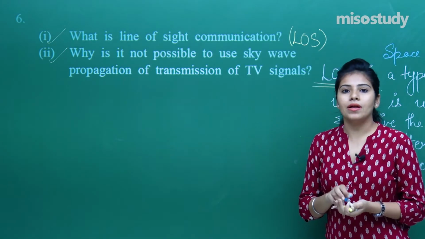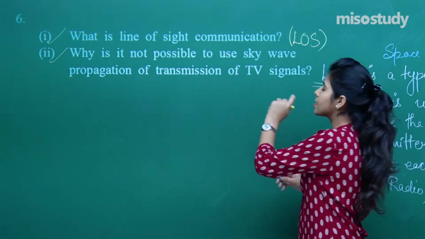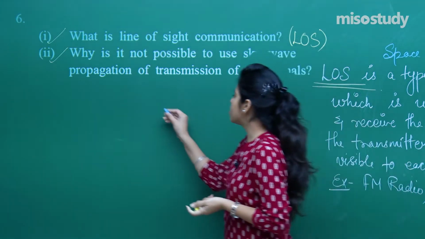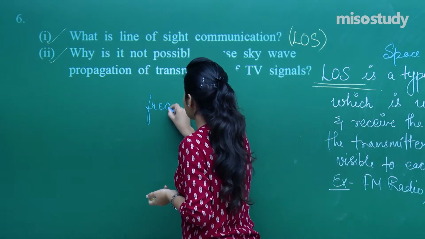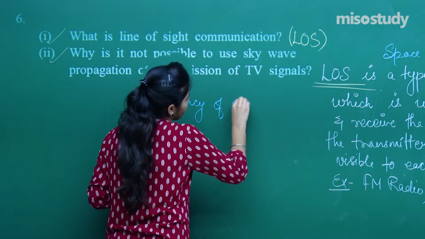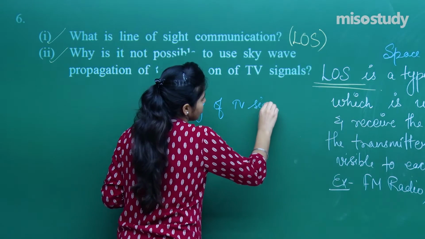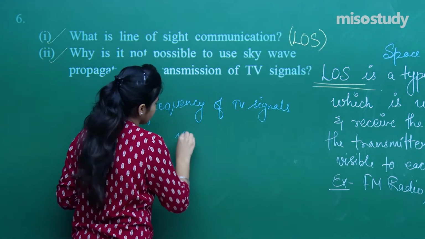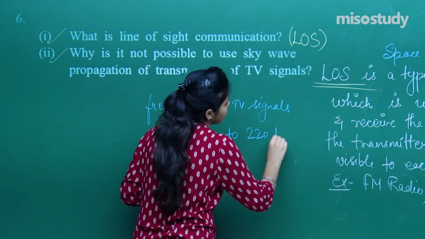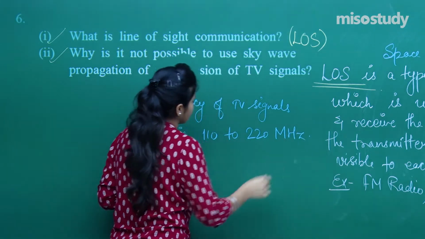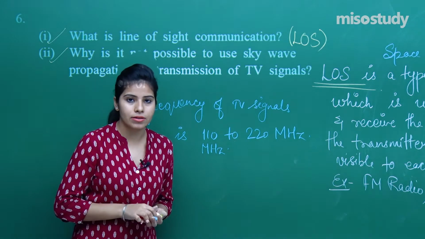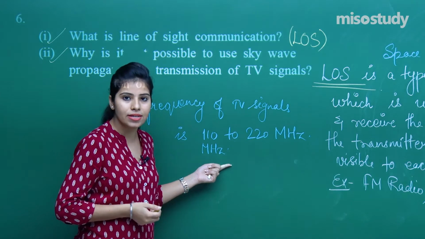The reason is simple, the frequency of TV signals is 110 to around 220 megahertz. This is the frequency of TV signals.